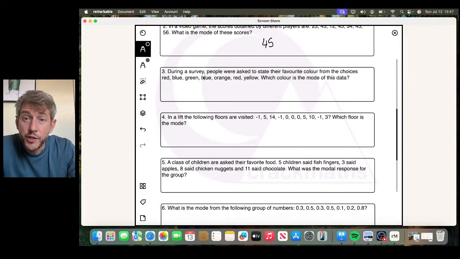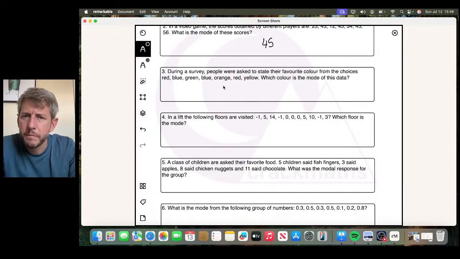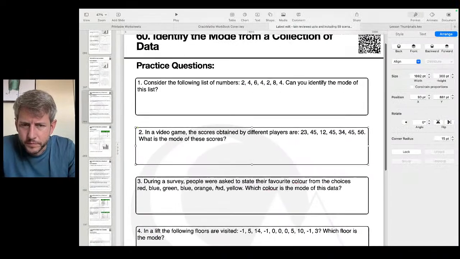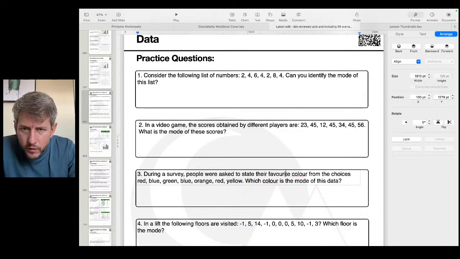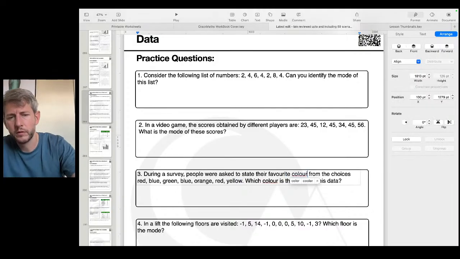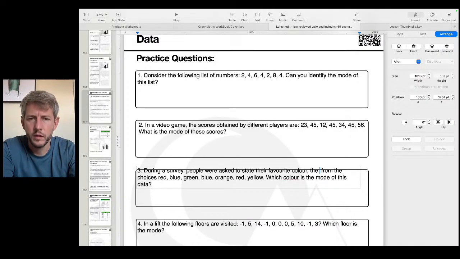Question 3. During a survey, people were asked to state their favourite colour.